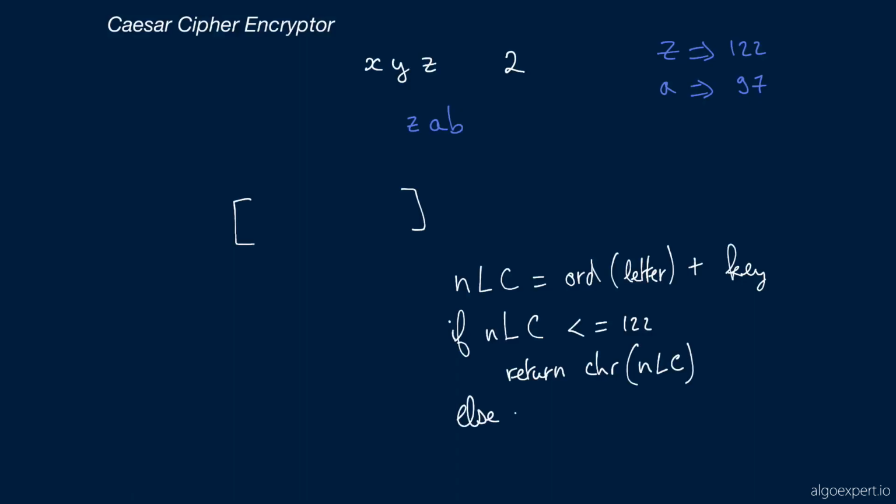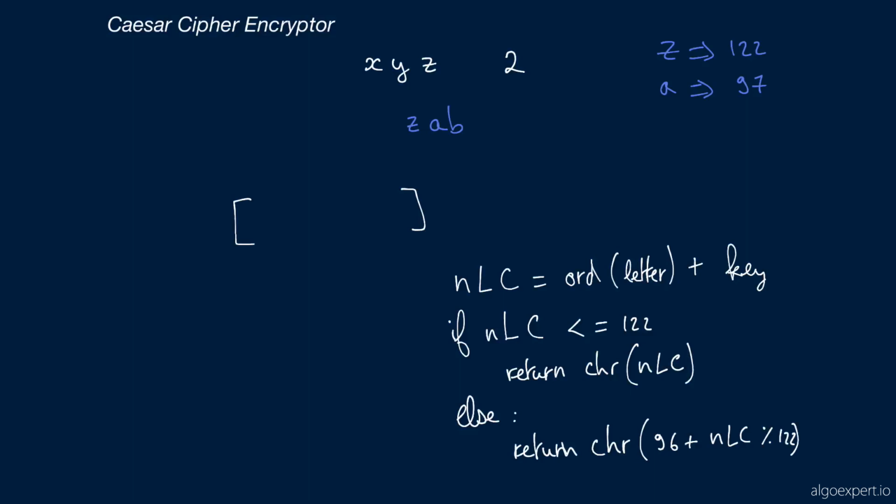Otherwise, you return the char function of 96 plus NLC mod 122.